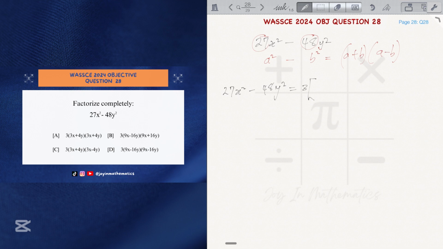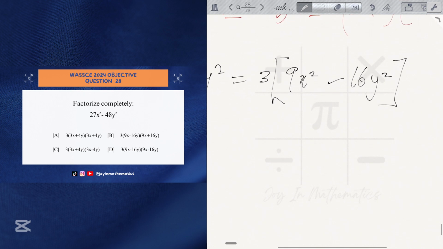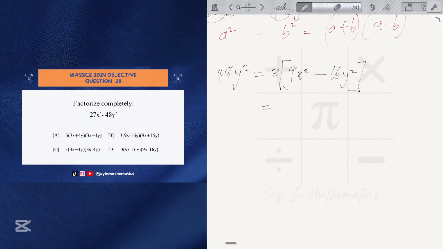This will result into 9x squared minus 16y squared. Now 9 gives us 3 squared x squared, and 16 is 4 squared y squared. Bringing them together according to the law of indices, we'll have (3x) squared minus (4y) squared.